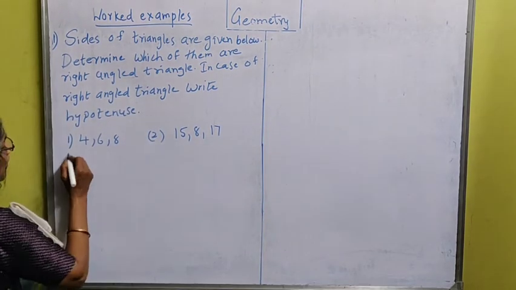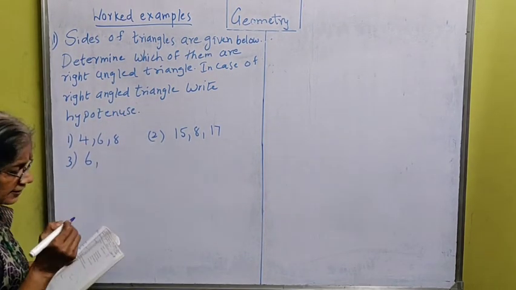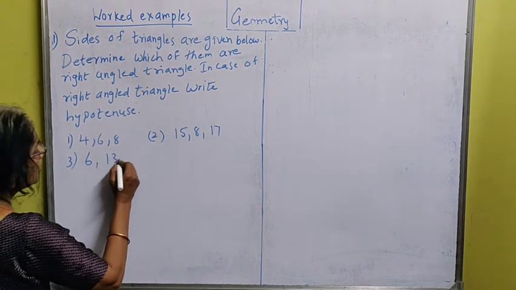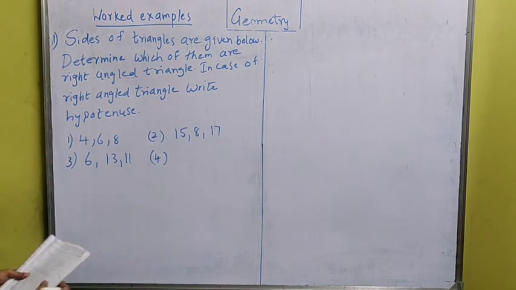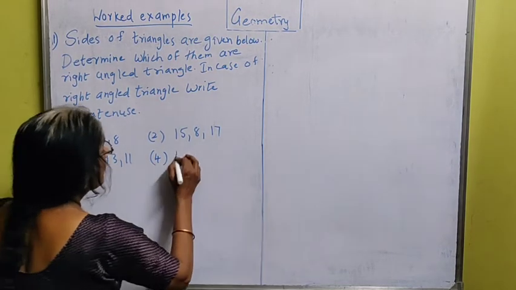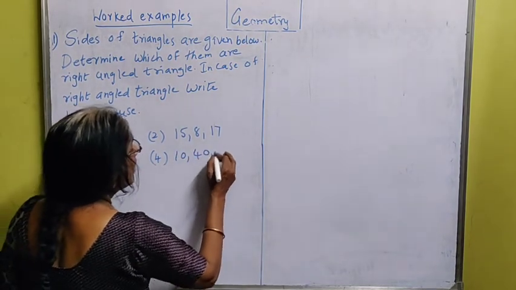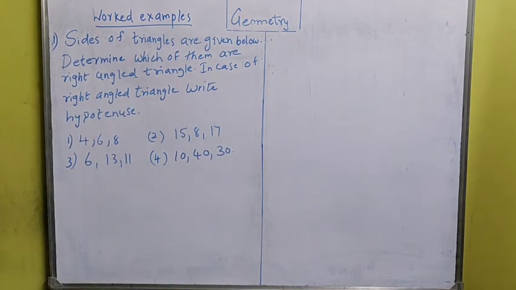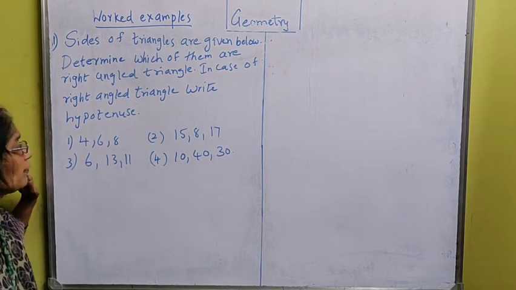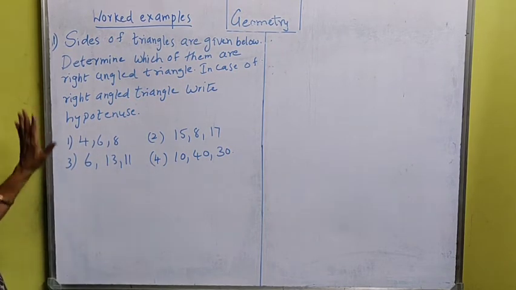Third one is 6, 13 and 11. And fourth one is 10, 40 and 30. This is what is given to you. In this, you have to find out which pair will make a right angle triangle.